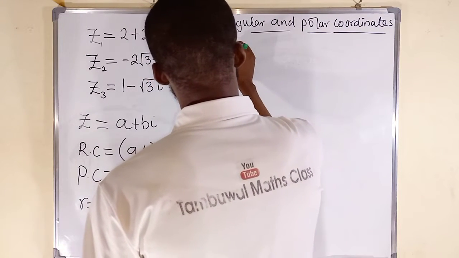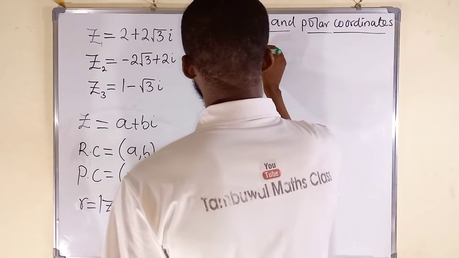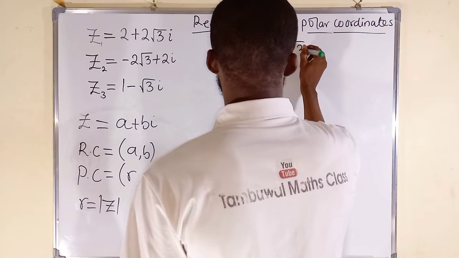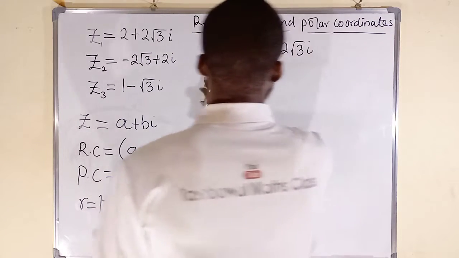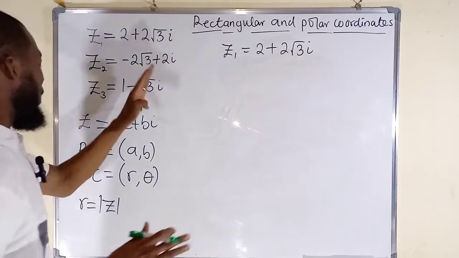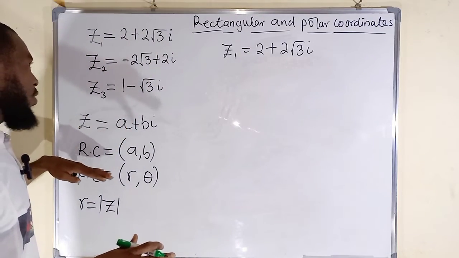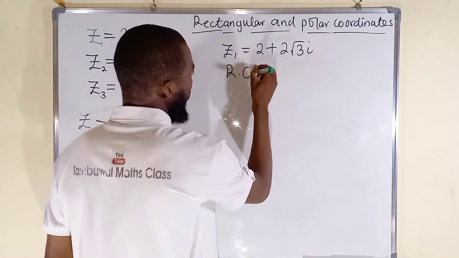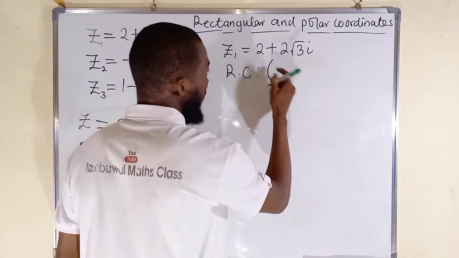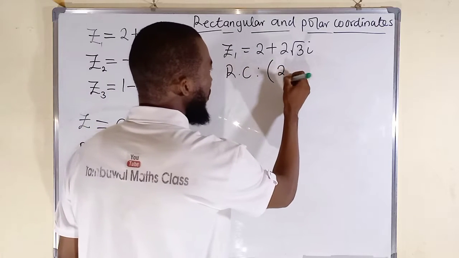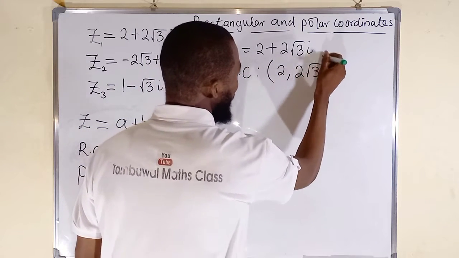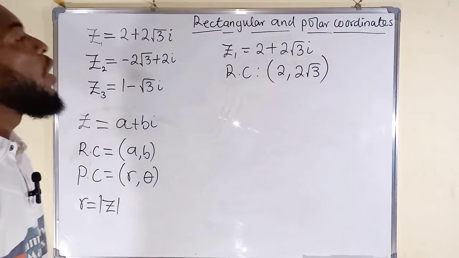So let's start with the first complex number, z1 equals 2 plus 2 root 3 i. Writing a complex number in rectangular coordinate is very simple, because it's something you can see: the real part comma the imaginary part. As simple as this.